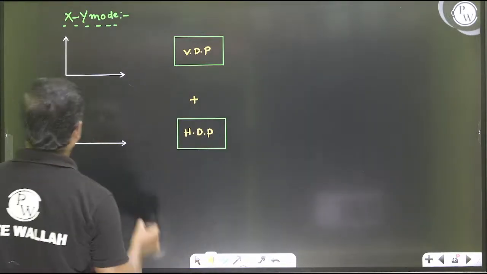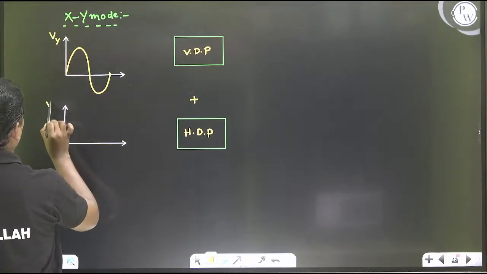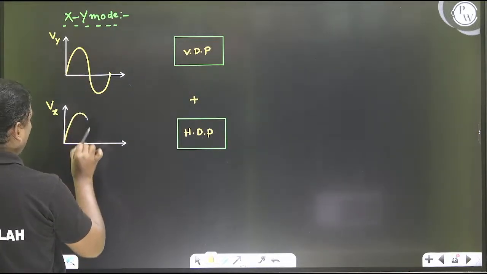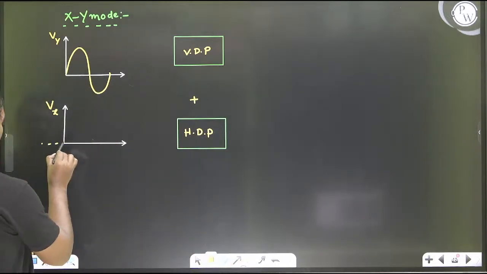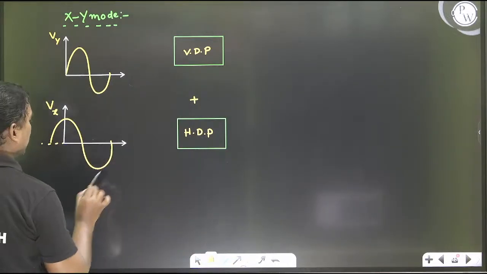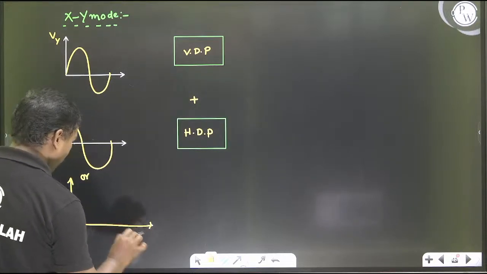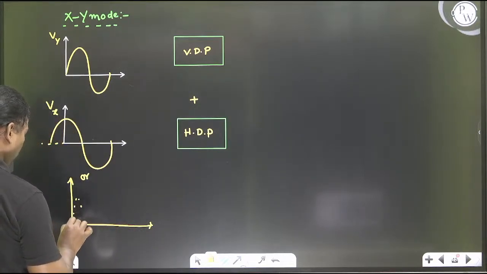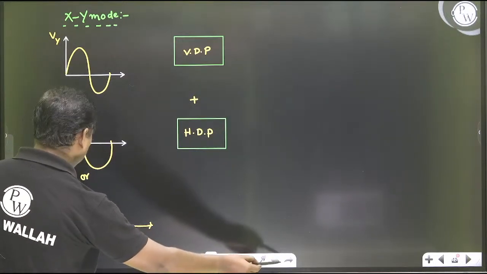For vertical deflection plates, I am applying a sinusoidal signal, Vy. For the horizontal deflection plate also I am applying a sinusoidal signal. But the sinusoidal signals may have some phase difference, or some frequency difference, like double frequency or some frequency shift.